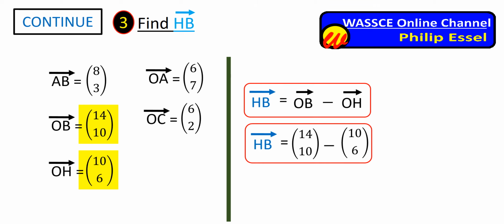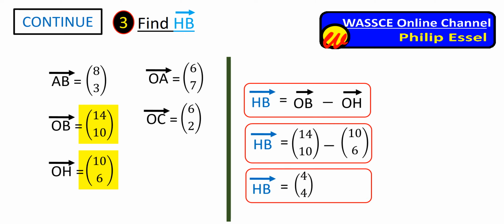When you solve for this, the vector HB would be equal to 4, 4. So we have been able to find the vector HB, and I believe you enjoyed this.